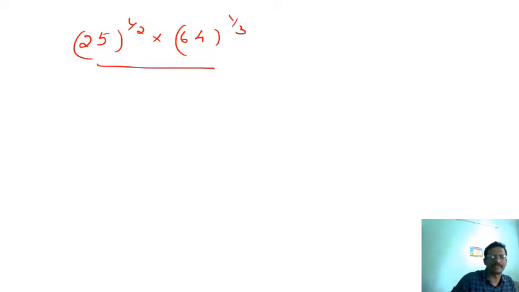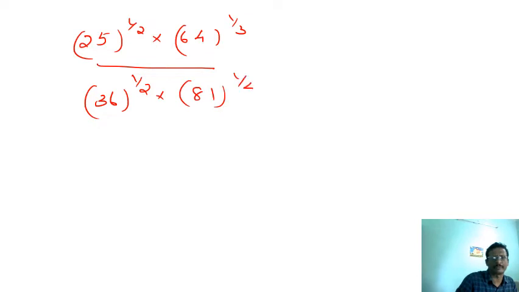Now simplify 25 raised to 1 by 2 into 64 raised to 1 by 3 divided by 36 raised to 1 by 2 into 81 raised to 1 by 4.